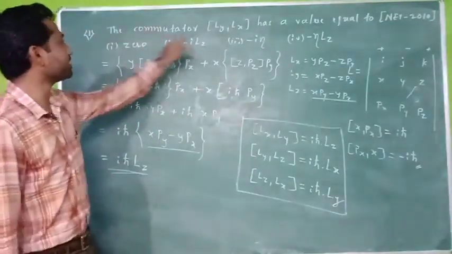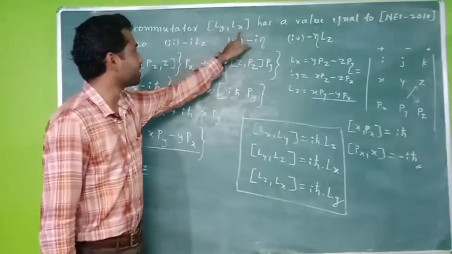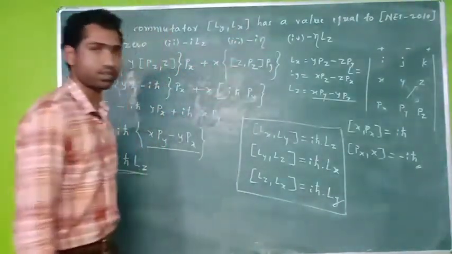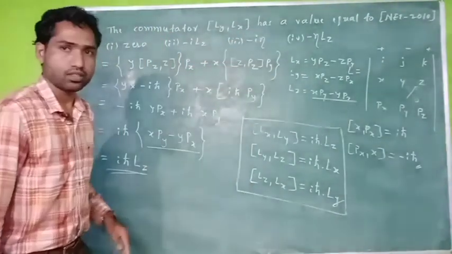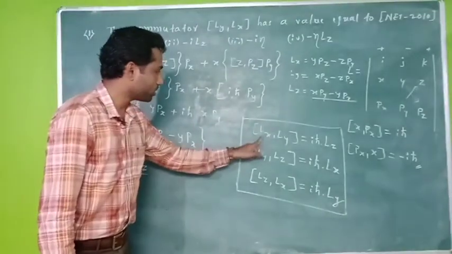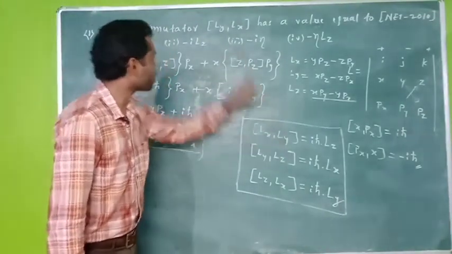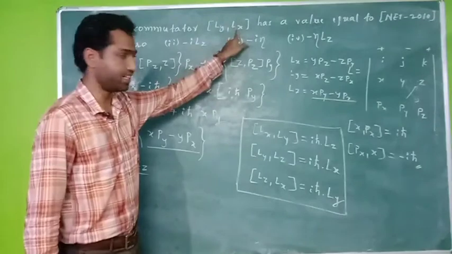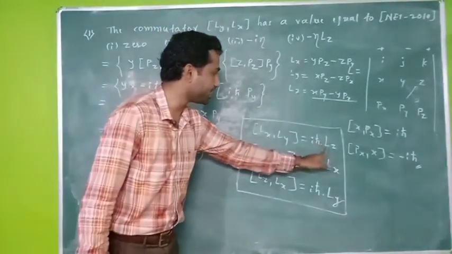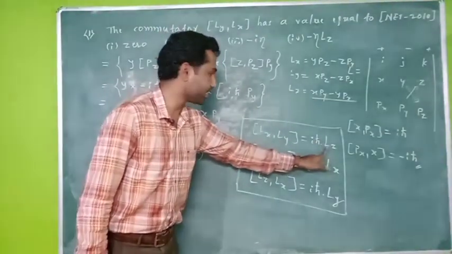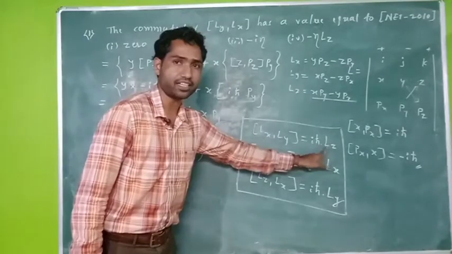The commutator ly lx has a value equal to, so options are given. For that we know the commutator of lx and ly, not ly and lx, right. So that is equal to i h bar lz, right.